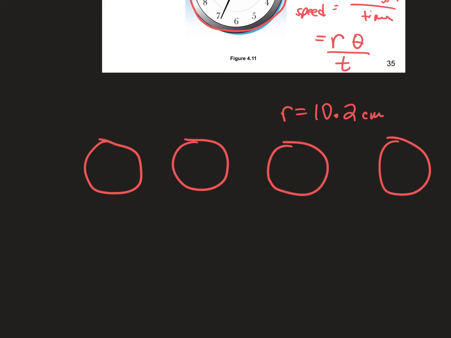How many would be in half of a circle? One whole circle is 2 pi. So we'll say this is one whole circle, 2 pi. So half of a circle would be pi. What about a quarter of a circle? Half of the pi, so pi over 2. What about 3/4 of a circle? 3 pi over 2.